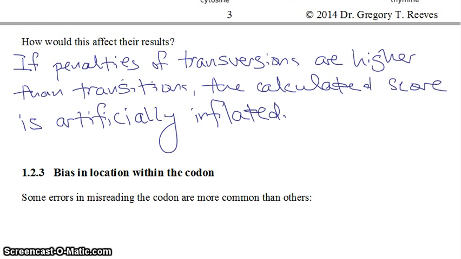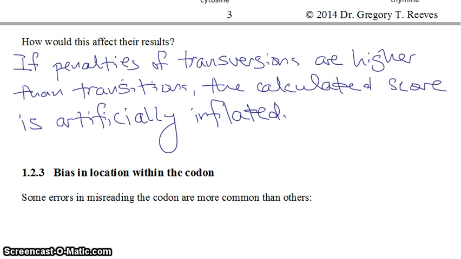So what I meant by this sentence is, if you look at the table of the penalties that I just showed, those deltas, if the penalties for the transversion mutations ended up being higher than the penalties for the transitions, but the transversion mutations are less likely to occur, then the score that you calculate is higher than it should be if you weight the different kinds of mutations properly.